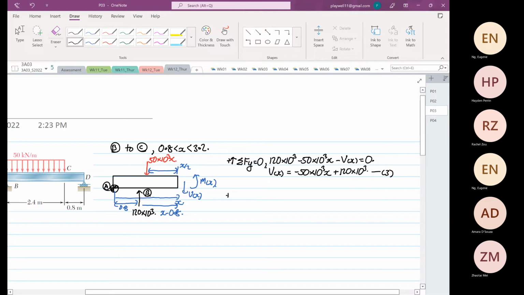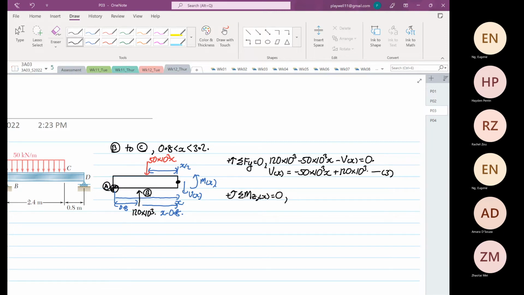Again, we're going to take moment in the z direction at point x is equal to 0. So from here, we are going to take the moment at the dot I'm going to draw. Okay. So the 120 is going to generate a clockwise moment.